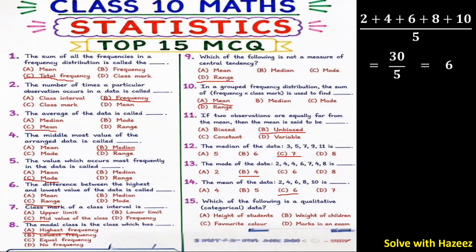You know that marks is always in numbers, either 10 over 10, 100 over 100, 90 over 100. So all these listed options are quantitative data. So let us move to option C, which is favorite color. We can clearly see that favorite color can either be red, yellow, blue, which is my favorite color. So the correct option is option C, favorite color.